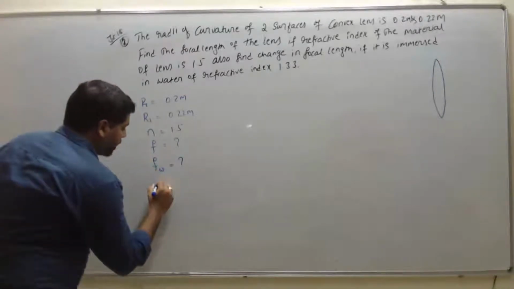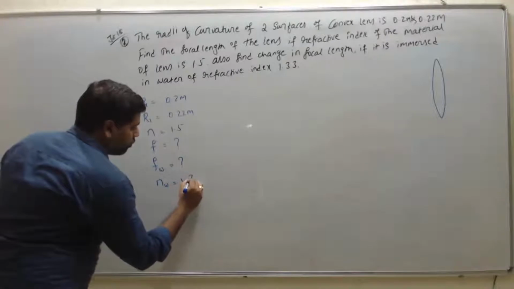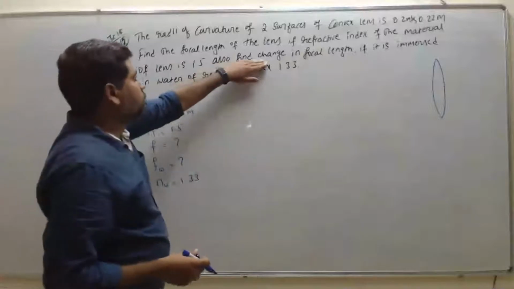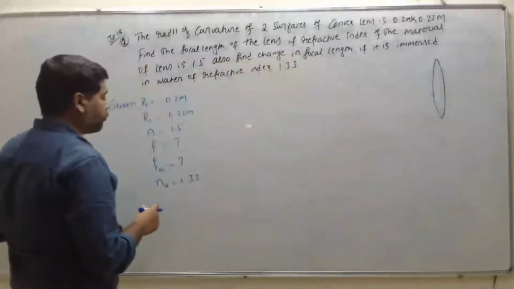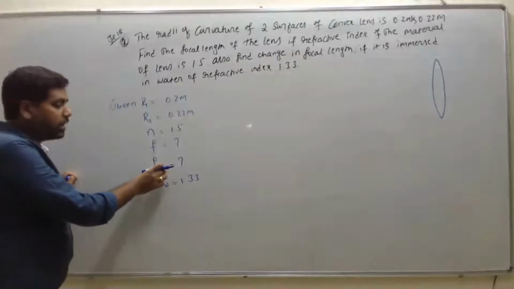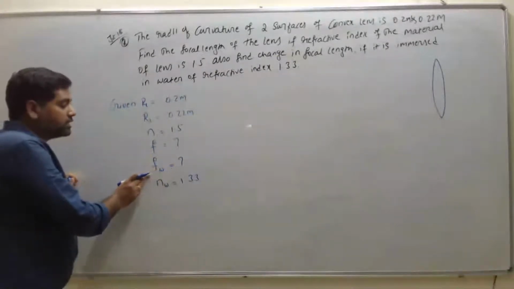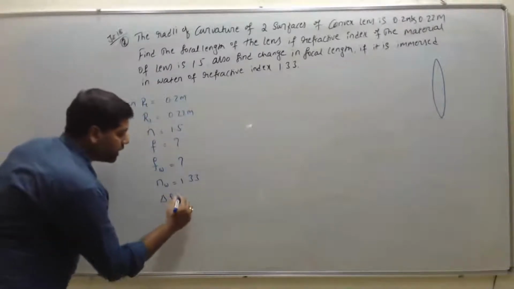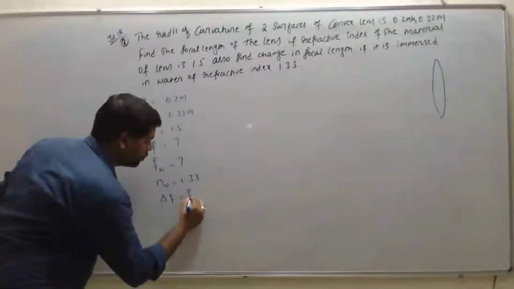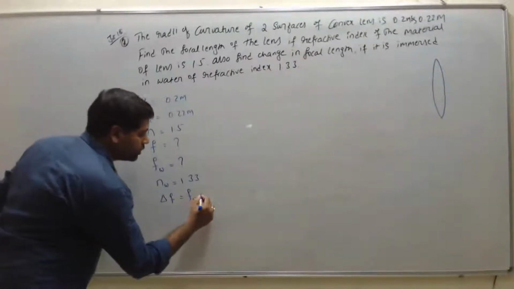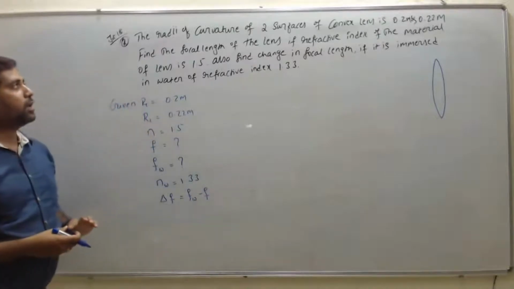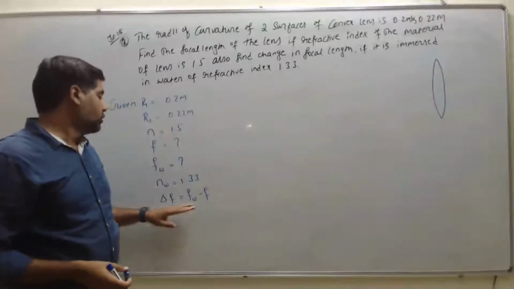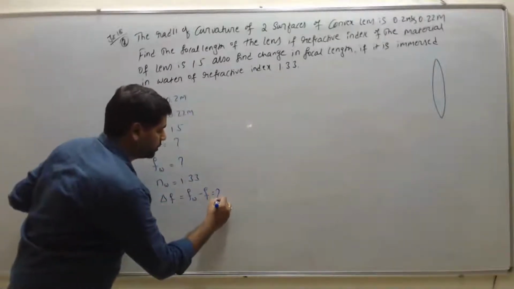For that, they gave the refractive index of water as 1.33, and also to find the change in focal length. To find the change in focal length, we need the focal length of the convex lens in water. That is, delta F, the change in focal length, is equal to the focal length in water minus the focal length of the lens in air. If they don't give it, that one is in air medium. So we need to find these three.